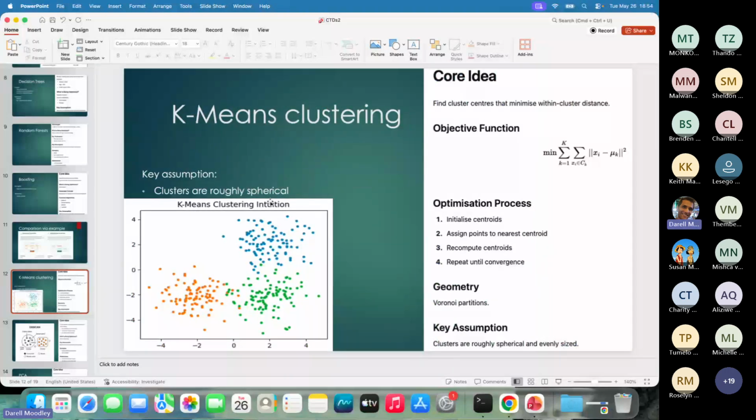So k-means clustering. Now we'll move on to unsupervised learning algorithms. K-means is the one that you have covered. This diagram on the left summarizes it very well. It's a very common diagram used to explain k-means clustering.